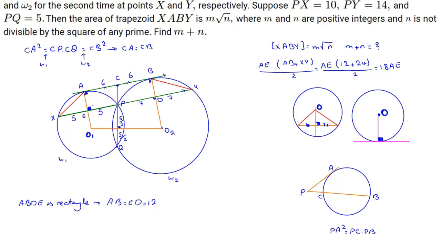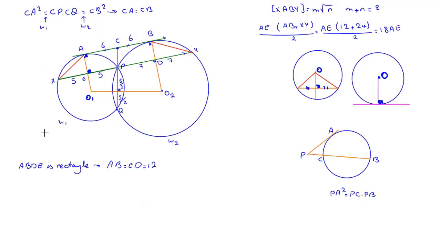Now here, because we have 90 degrees, we should pay attention. Can we use the Pythagorean theorem here? If you consider this trapezoid, AEPC, this strategy is also useful when you see a 90 degree angle.